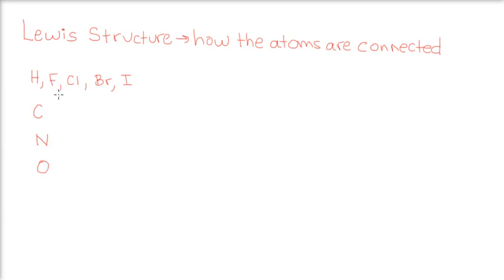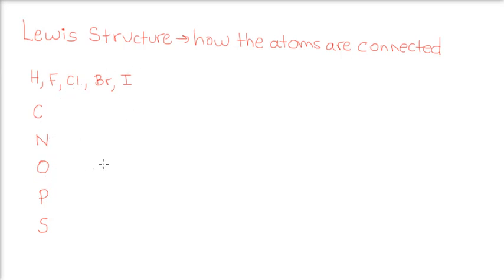So as you can see, we're only going to be dealing with about 8 elements in all of organic chemistry. From time to time, we're also going to see a little bit of phosphorus and a little bit of sulfur, but these are very far and few in between. Our main focus is going to be, again, hydrogen, fluorine, chlorine, bromine, iodine, carbon, nitrogen, and oxygen.